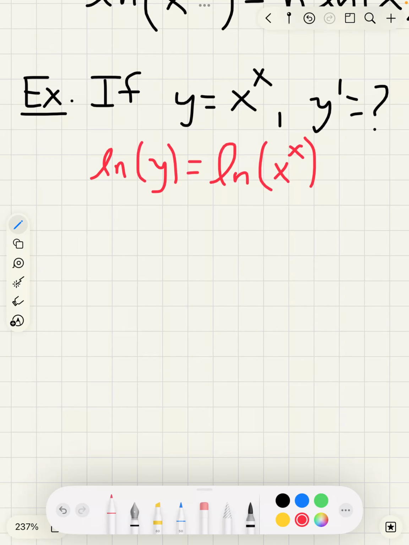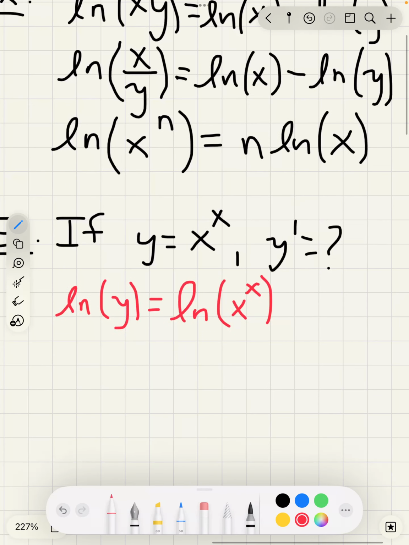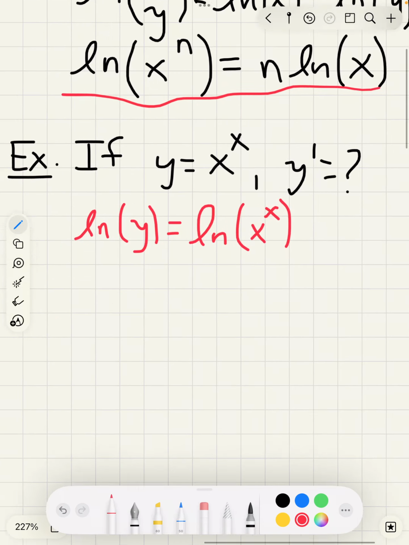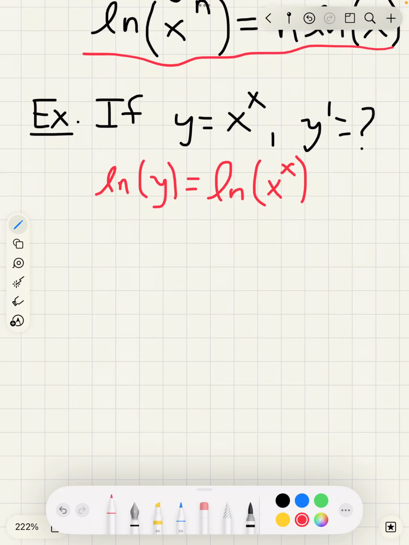If I have the log of something that's raised to a power, I can rewrite the logarithm as the power times natural log of the rest. So the right-hand side of this equation, I can write as x times the natural log of x. And the left-hand side is still the same, natural log of y.